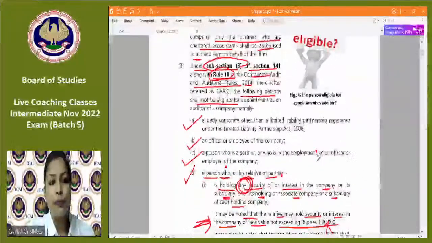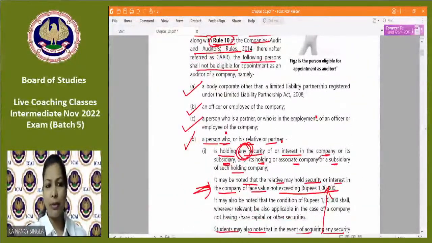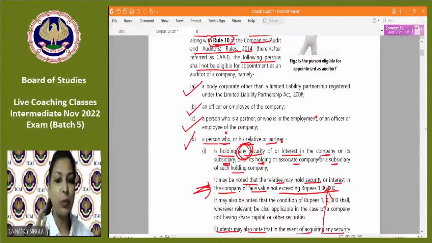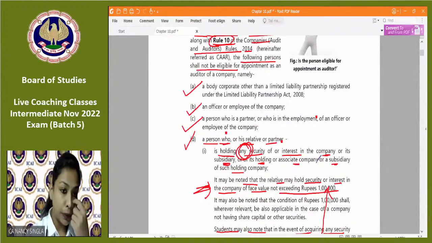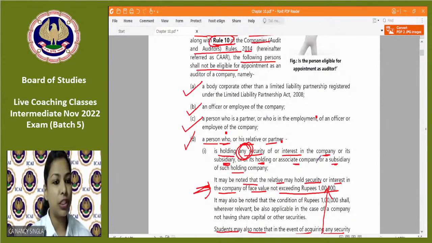So body corporate other than LLP, officer or employee of the companies, then a person who is a partner or who is an employee of officer or employee of the company, then a person who himself or his relative or partner are having 3 types of transaction with the company or the holding or the subsidiary or the associate or the subsidiary of such holding.